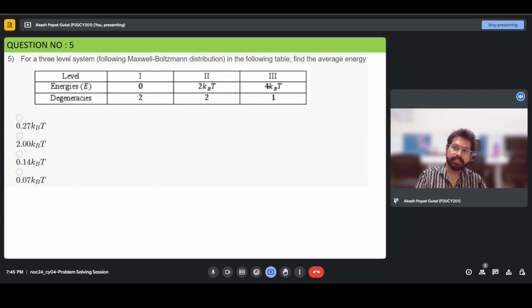First, calculate the partition function and then calculate the average energy.